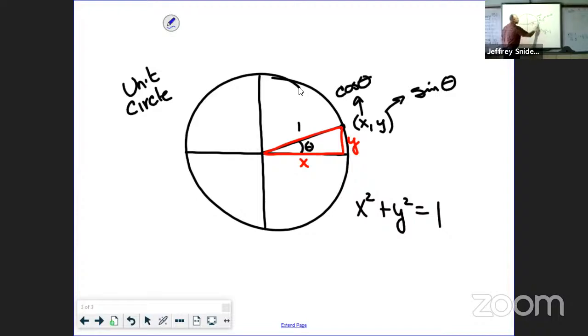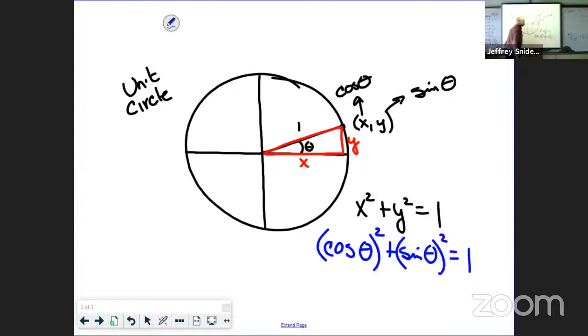I can write that the cosine of theta squared, and I'm going to write it like this to start, don't write this down yet, plus the sine of theta squared is equal to 1. Now, you will not see it written like that.